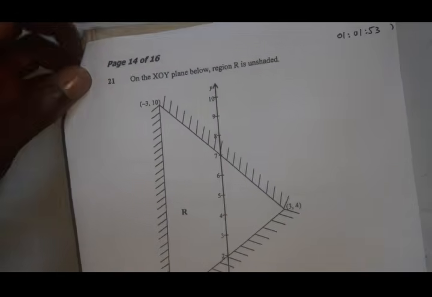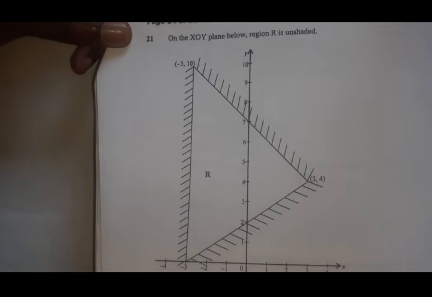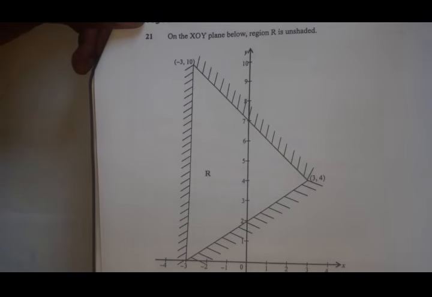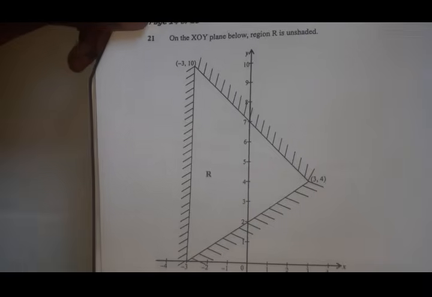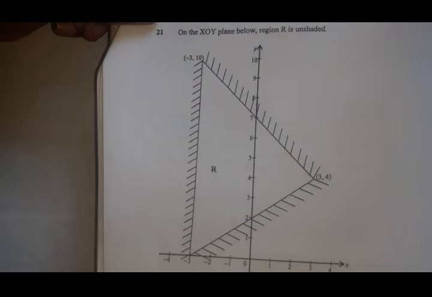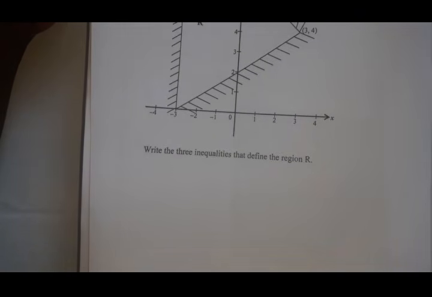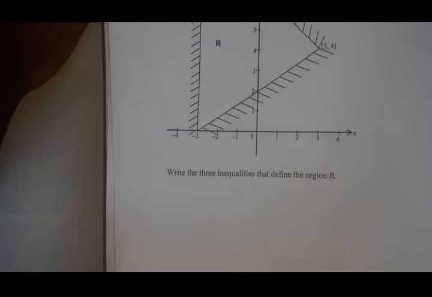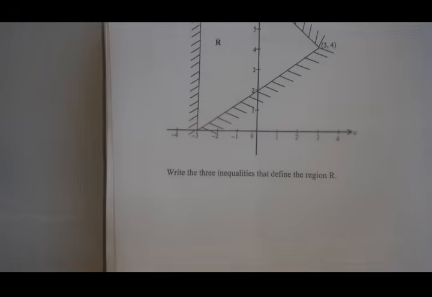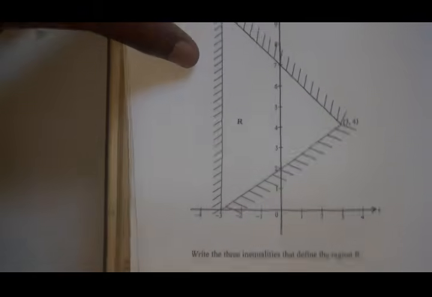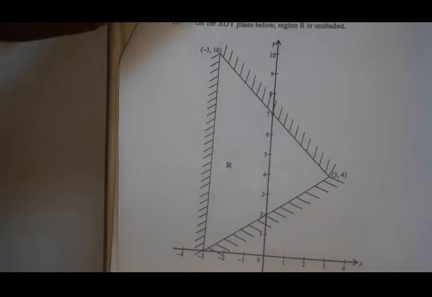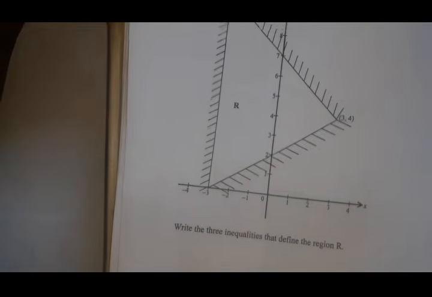So we come to question 21. On the x-y plane below, region R is unshaded. Write the 3 inequalities that define the region R. Here we can start with this one, which cuts the x-axis.